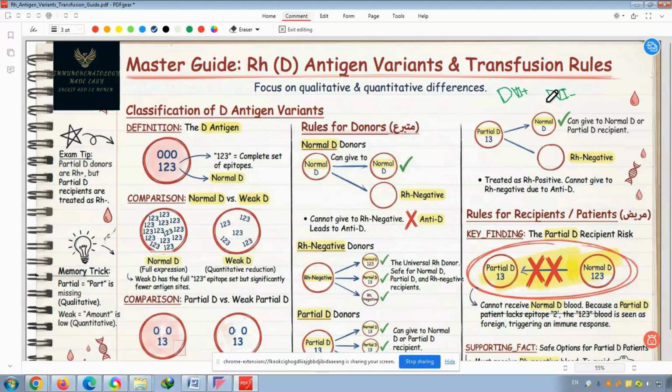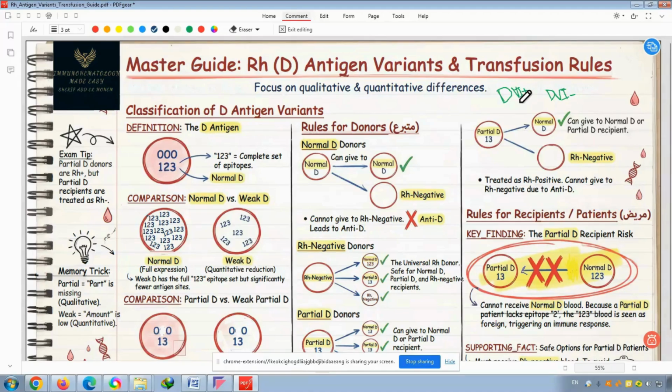For all of this, our reagents have D6 positive and D6 negative written on them. What does this mean? Weak D comes in many types, and partial D also comes in many types, not just one. One of the most famous types of partial D is called D6.